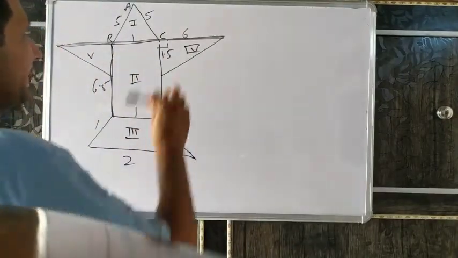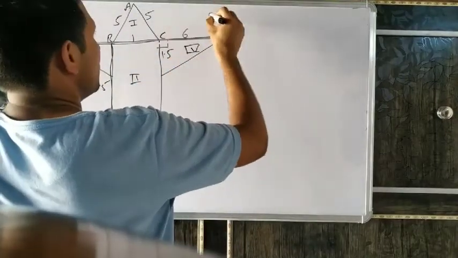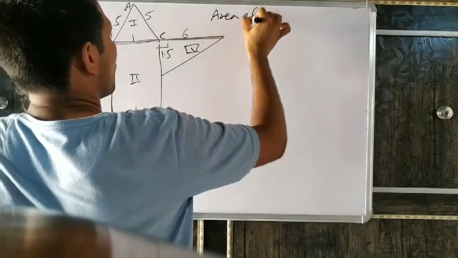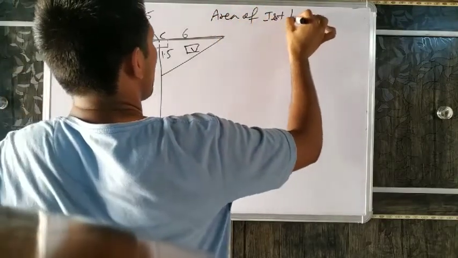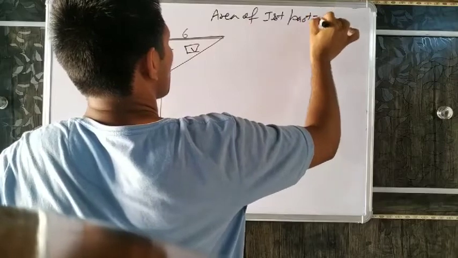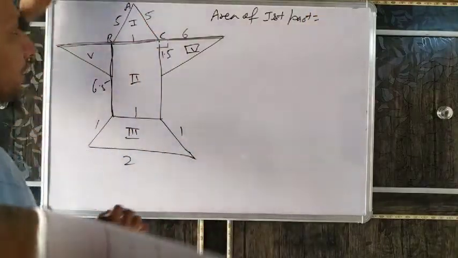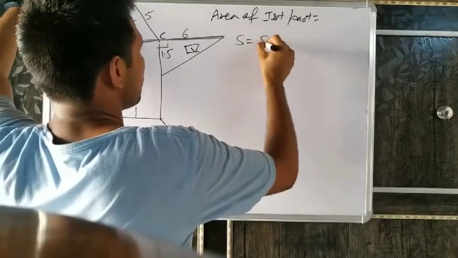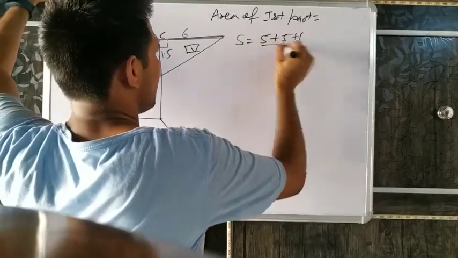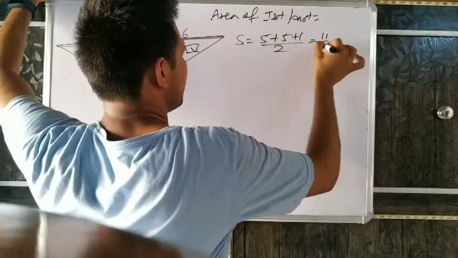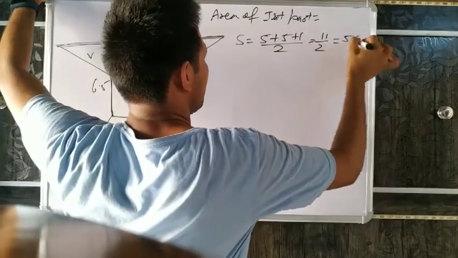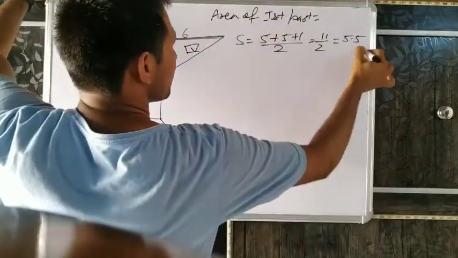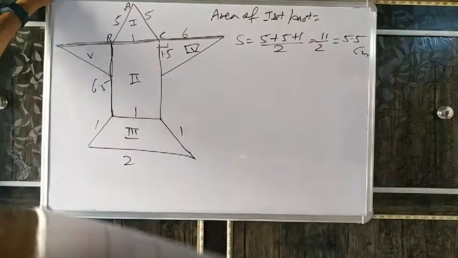So first we will find area of the first part. How will you find it? First S. S is 5 plus 5 plus 1 divided by 2, that is 11 by 2, 11 divided by 2, 5.5 centimeter. Unit we will always write.